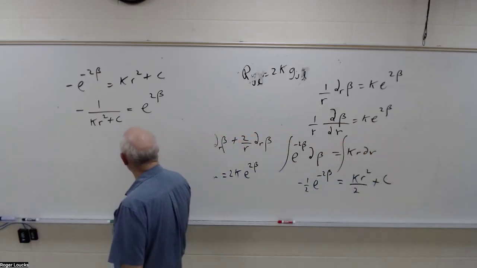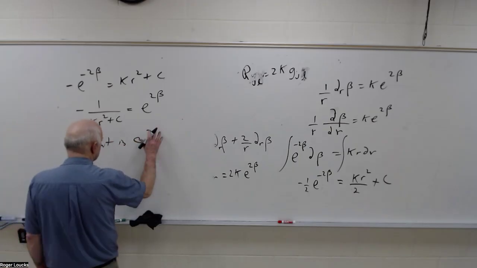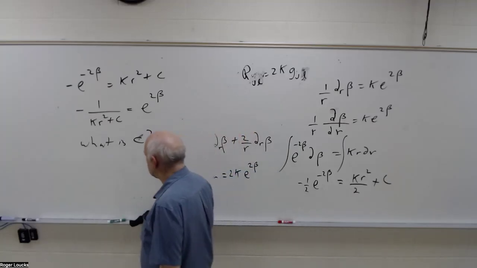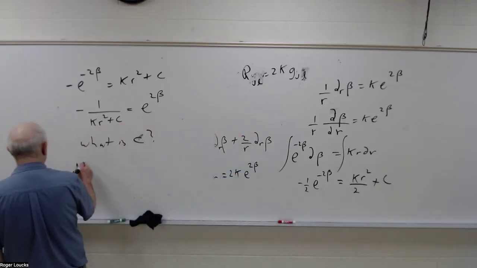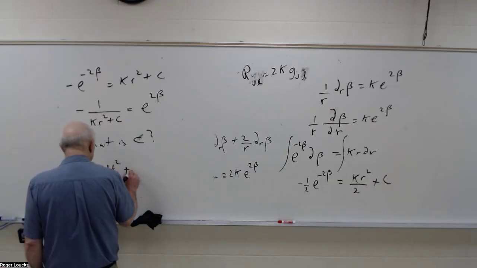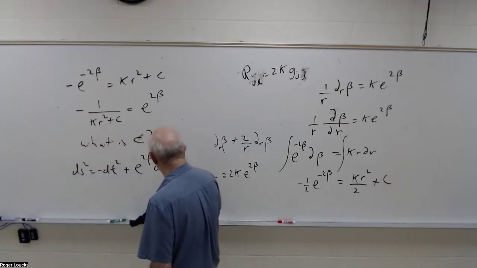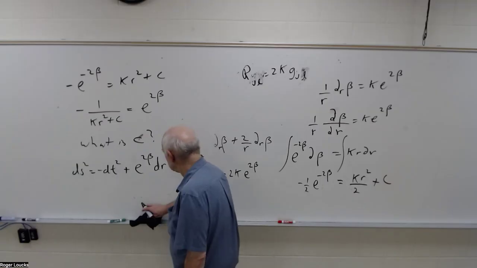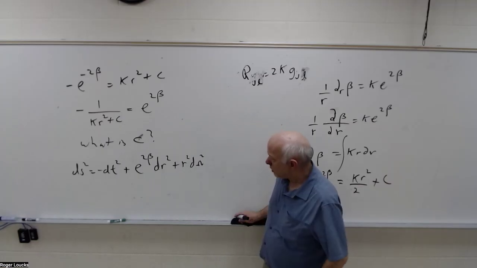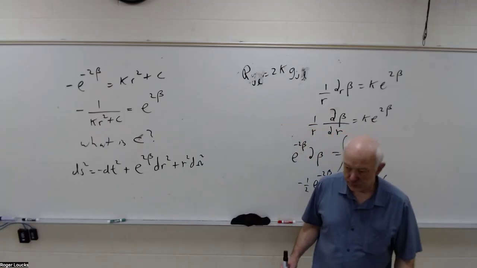Now what's going to happen here? The question is, what is c? So if we go back to our metric here, now, if your k is equal to 0, what would it mean about the space we have?